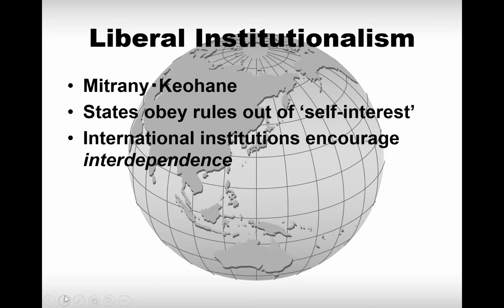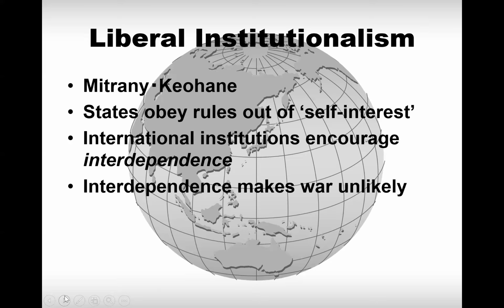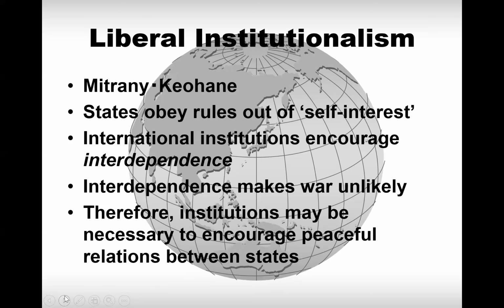States gain from participating within the international system, within international institutions. Interdependence means they begin to depend upon one another. And interdependence makes war unlikely. Therefore, institutions may be necessary to encourage peaceful relations between states.